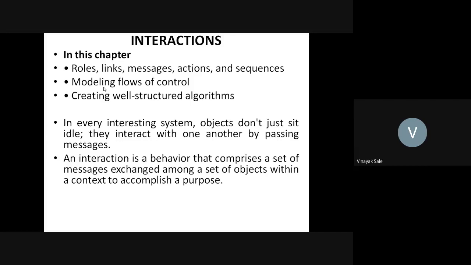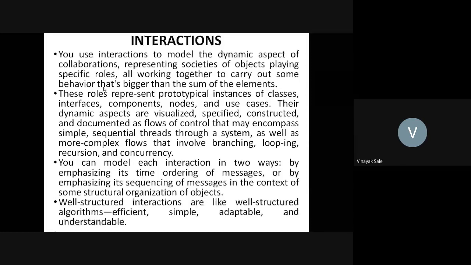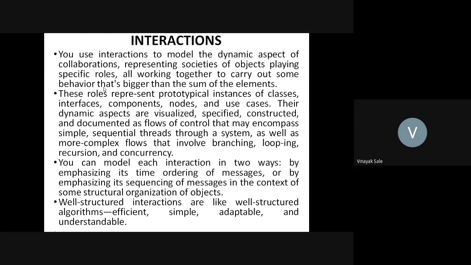An interaction is a behavior that comprises a set of messages exchanged among a set of objects within a context to accomplish a purpose. So you use interactions to model the dynamic aspect of collaborations, representing societies of objects playing specific roles, all working together to carry out some behavior that's bigger than the sum of the elements.